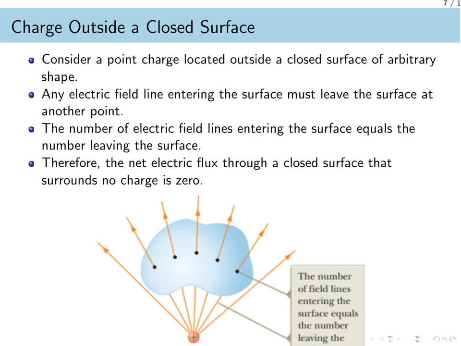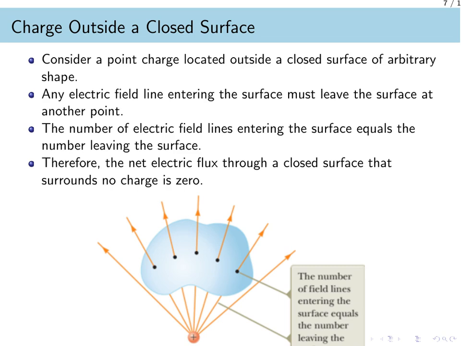Now, what happens if the point charge is located completely outside our chosen closed surface? By examining the electric field lines radiating from the external charge, we can see that any field line that enters the closed surface on one side must eventually pierce the surface again to leave on the other side.